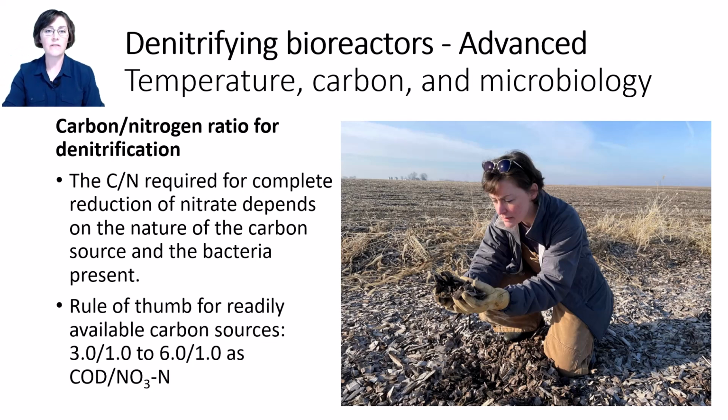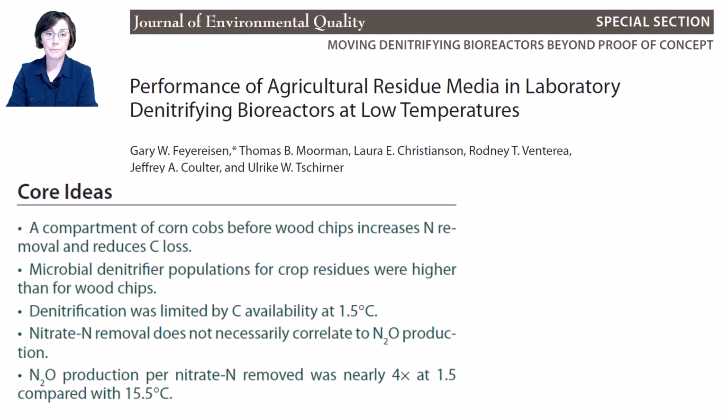One handy rule of thumb has been developed where the C:N ratio required for denitrification for most readily available carbon sources is about 3:1 up to 6:1, and that's expressed as COD, or chemical oxygen demand, per nitrate nitrogen. We don't often measure COD, chemical oxygen demand, or even DOC, dissolved organic carbon, in drainage water, but it's good to know that these very related ideas exist in the world of denitrification for wastewater treatment.